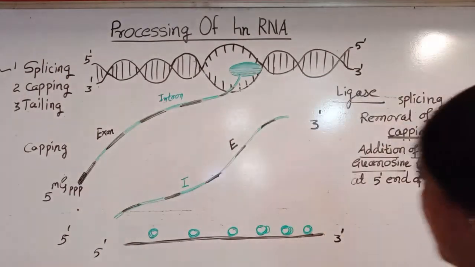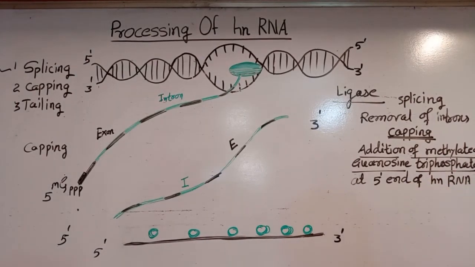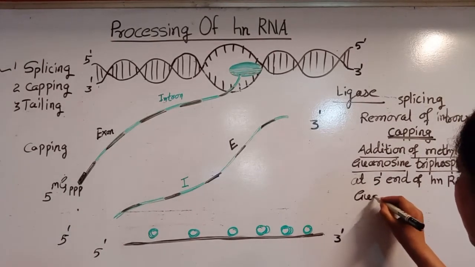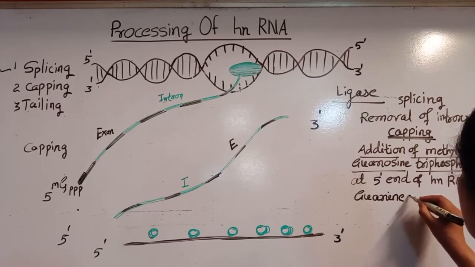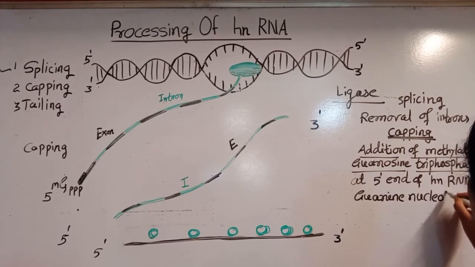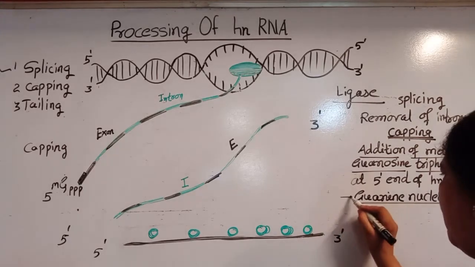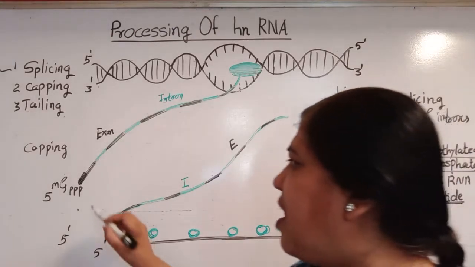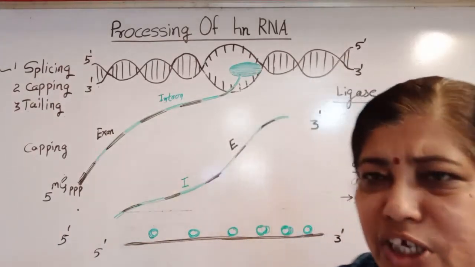So what is this methylated guanosine triphosphate? Methylated guanosine triphosphates are modified guanine nucleotides, which are at the 5' end of hnRNA.